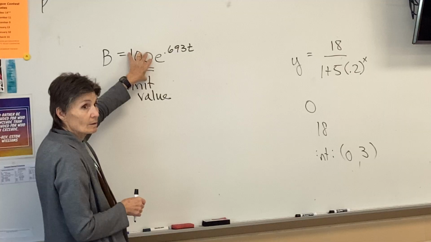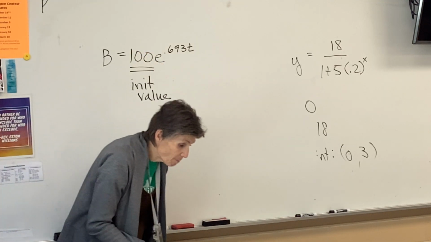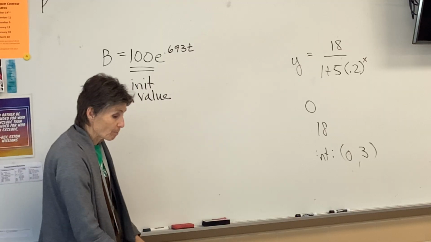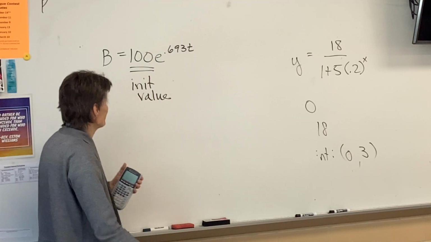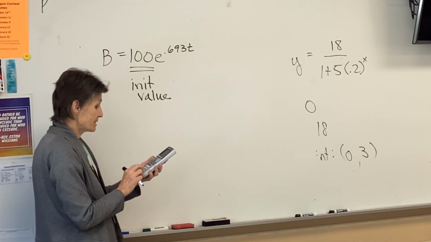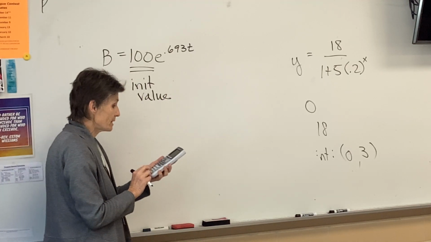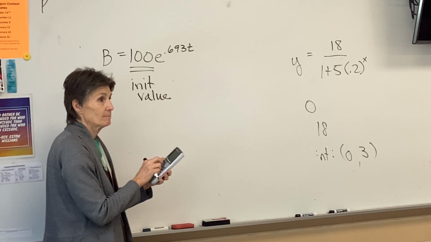But this number will always be the initial value. Okay? Now, how many bacteria are present after 6 hours? What am I gonna do? Here's my equation. What am I gonna do? Plug in 6. So 100. Anybody know how to get e on your calculator? Second ln.